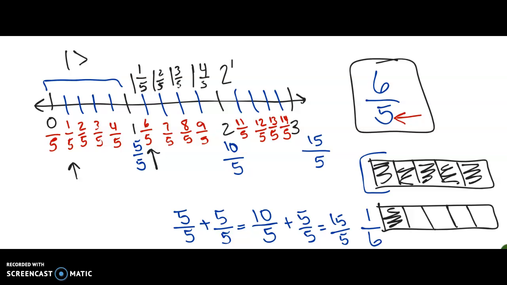So we have 2 and 1/5, 2 and 2/5, 2 and 3/5, and 2 and 4/5. Okay, so we just found the improper fraction and the mixed number. Now let's see, if we have 6/5, then we can find that 1/5 would be our mixed number. Is that correct? If we have 1 out of 5, we have 1 and 1/5 we see in a picture here. So yes, it is correct.